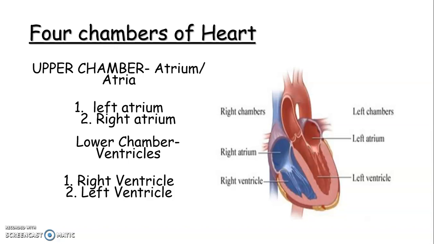In the upper chambers, the atria, the left atrium receives oxygen-rich blood from the lungs and pumps it to the left ventricle. The right atrium receives oxygen-poor blood from the body and pumps it to the right ventricle.